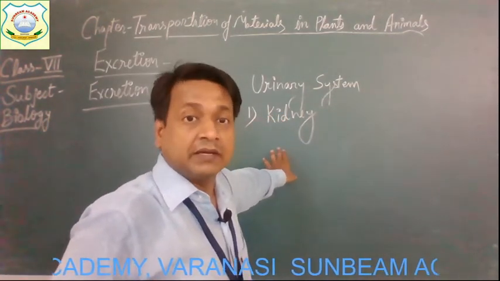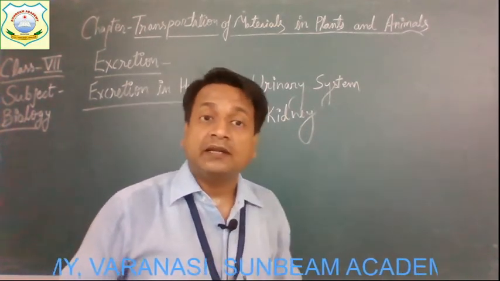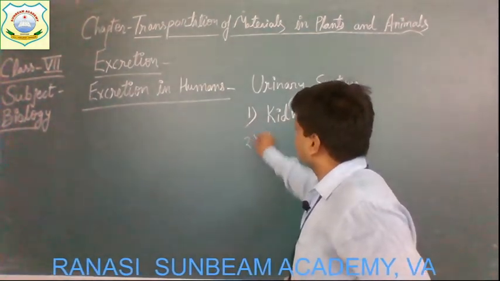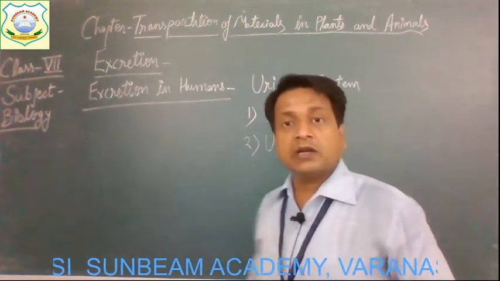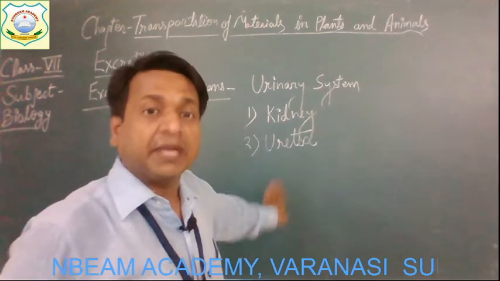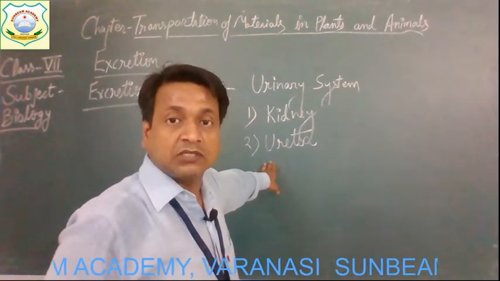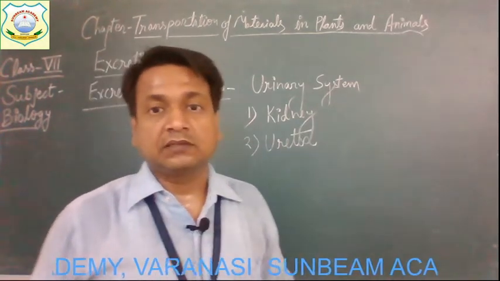It is in a pair, so two kidneys are there in our body, and a pair of tubes which are called ureters. The second organ of the urinary system is the ureter. It is also found in pair. Get it, children? It is a tube-like structure through which the urine passes.